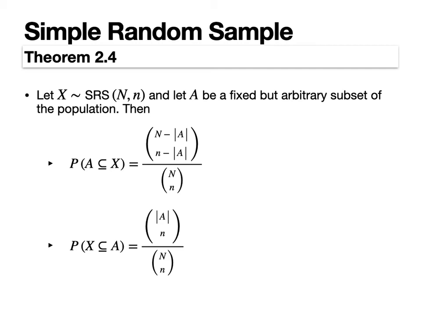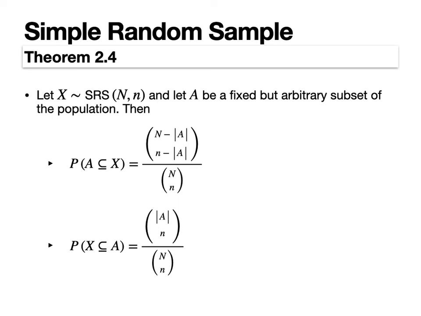The first bullet point addresses the question, what's the probability that this fixed subset is contained in our random sample, right? And it gives that probability as this ratio of binomial coefficients. In the bottom, you see N choose little n. That's just the cardinality of our sample space, right? And so this is the standard thing.